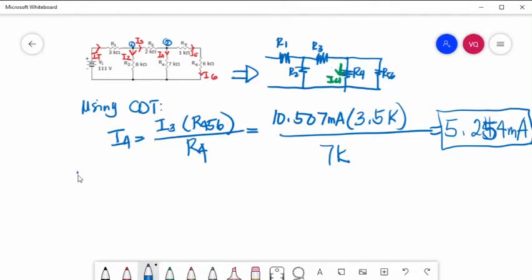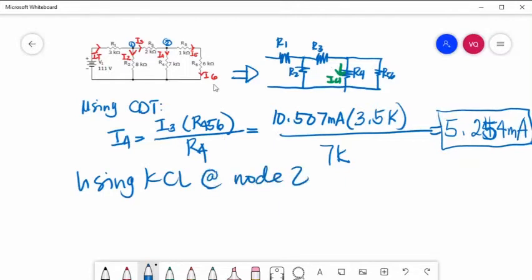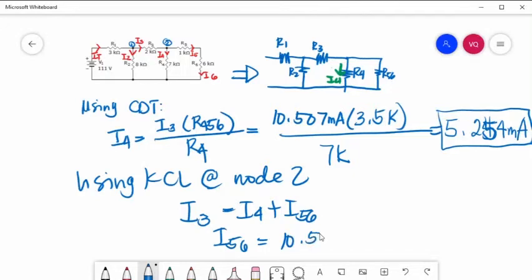So, again, using KCL at node 2. Current entering is I3. Current leaving are I4 and I5. So, I3 is equal to I4 plus I5. 5, 6 pala. So, I5, 6 is equal to 10.507 milliampere minus 5.254 milliampere.